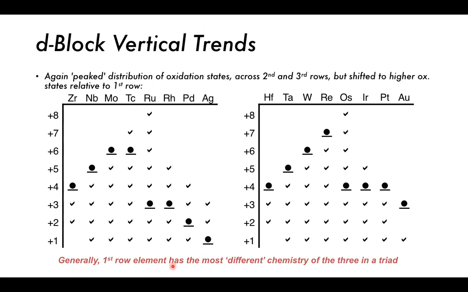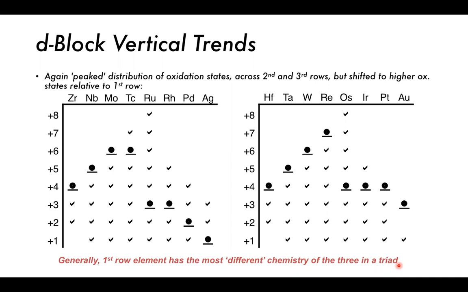And so generally, this is something I mentioned earlier. The first row has the most different chemistry of the 3 in the triad. So generally the chemistry of the second and third row of the d block is pretty similar. They have relatively similar chemistry. They do relatively similar reactions. They have relatively similar coordination states, coordination numbers, things like that.